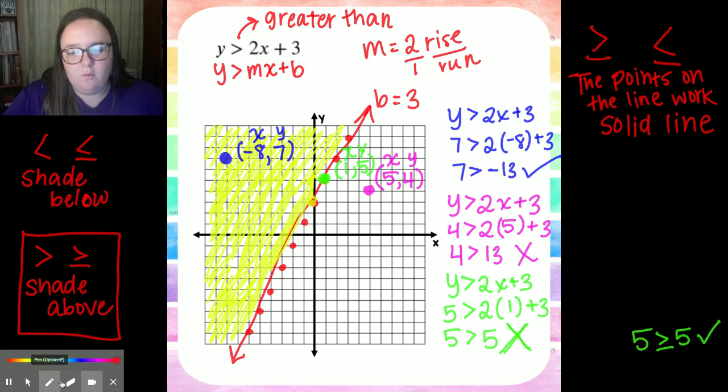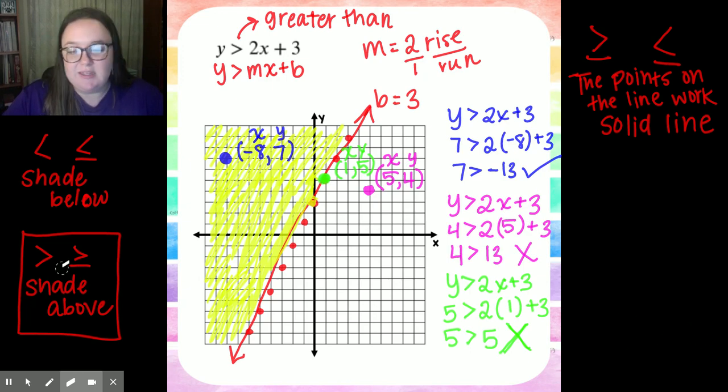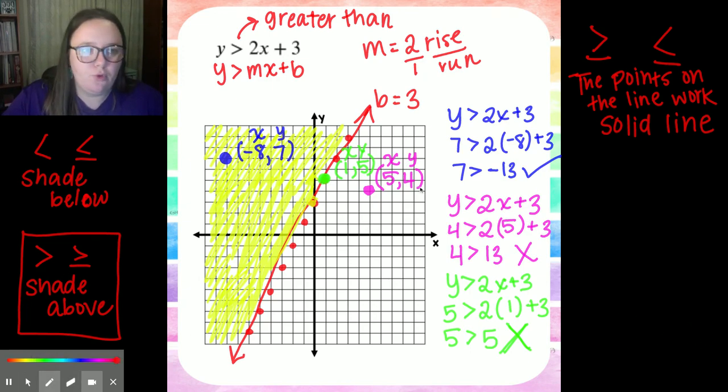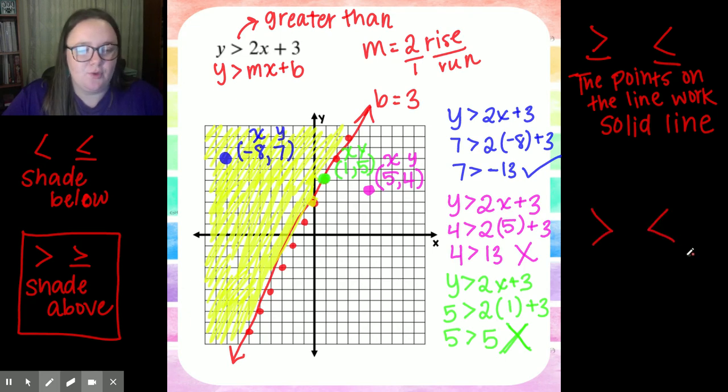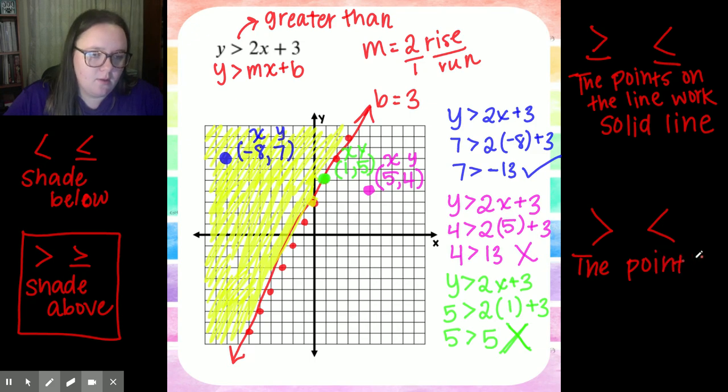So now that we know that in this situation, the points on the line didn't work, here's the other part of that rule. If you have a greater than symbol or a less than symbol, these do not have the line underneath, the points on the line do not work, right?